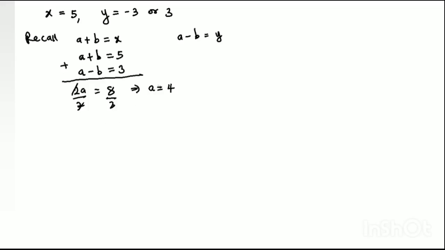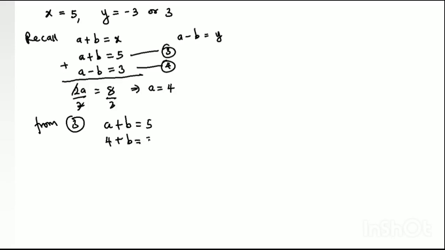Since I've gotten my a, I can put this value in this equation here. Let's call this equation 3 and this equation 4. So I can put the value of a in equation 3. From 3, a plus b is equal to 5. So my a is 4 plus my b, which is unknown, equals 5.